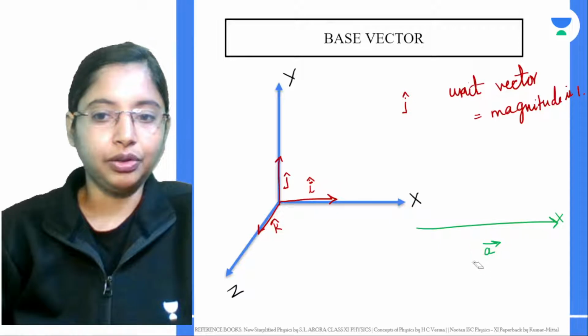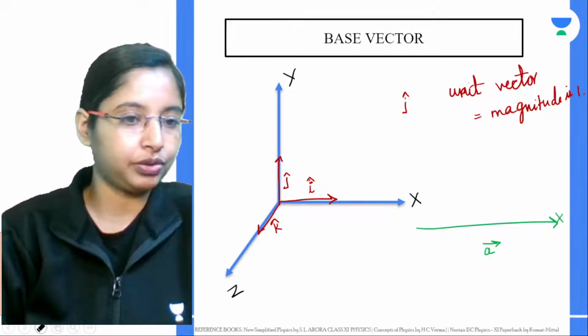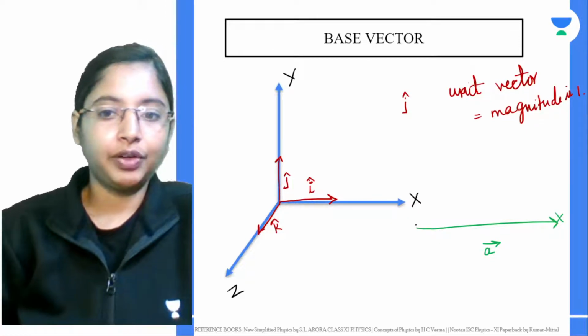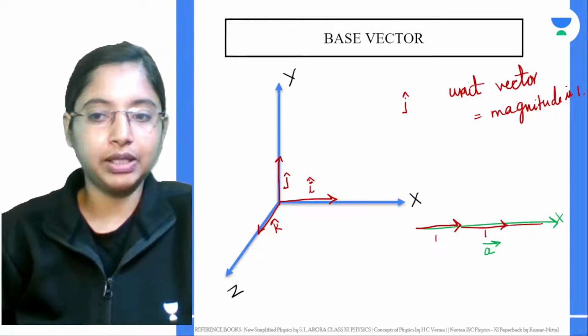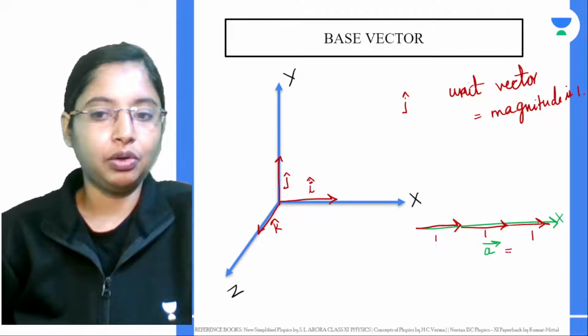If this a vector has a magnitude of about 3, what we are going to do is split this into unit vectors. Let's say I'm going to split it into small unit vectors. I'm going to say this vector has a magnitude of 1, this vector has a magnitude of 1, this vector has a magnitude of 1. All three added together again give me the same a vector. So a vector has a magnitude of 3, right?